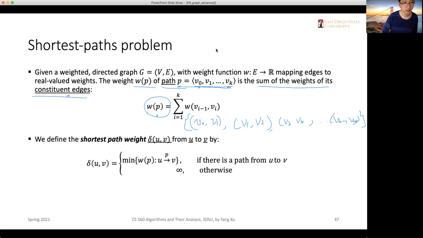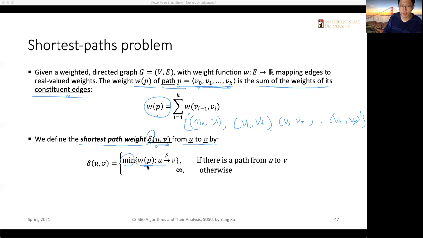Okay. So let's also define the so-called shortest path weight. The shortest path weight is a quantity, a single number. Let's indicate it by delta between u and v. This shortest path weight from u to v is the minimal value among the weights of all the paths.